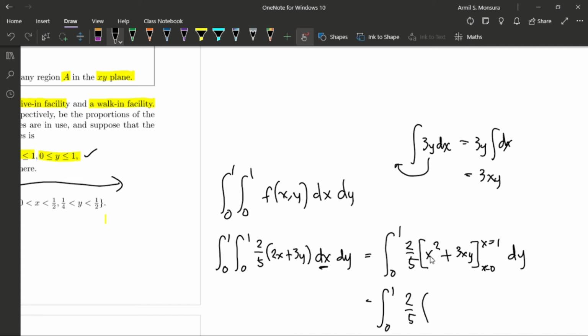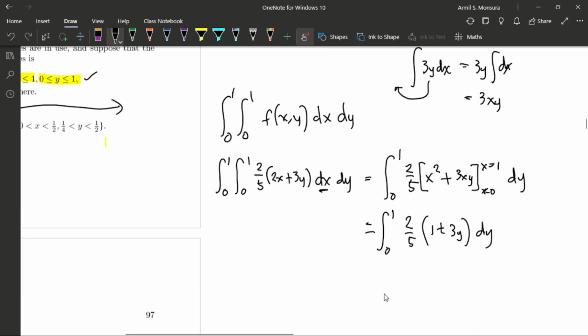Plus 3y, minus 0, so we will have 3y here. Yan, tapos dy. So yun yung magiging result after the first integration.